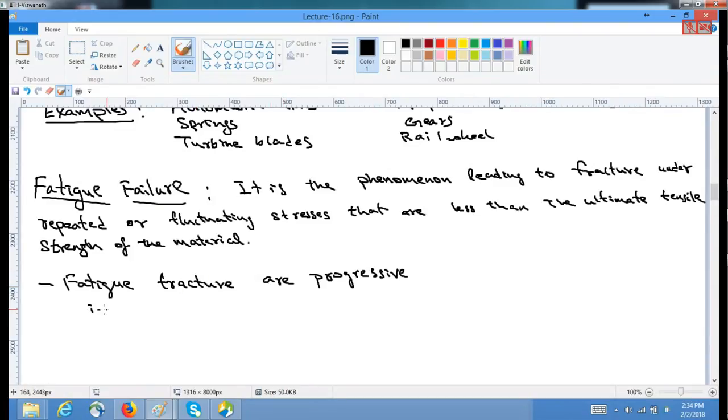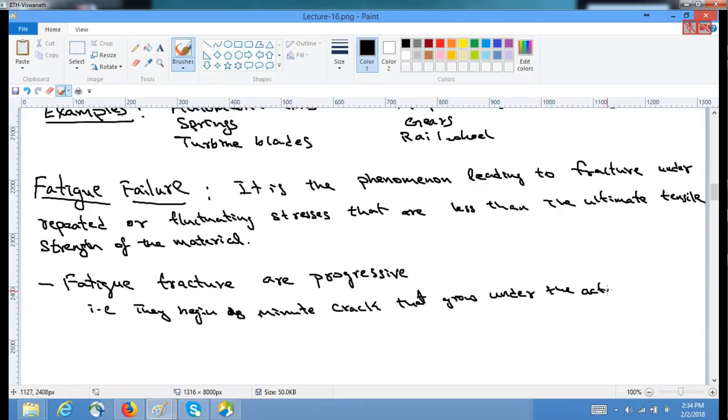That is, they begin as minute cracks that grow under the action of fluctuating stress.